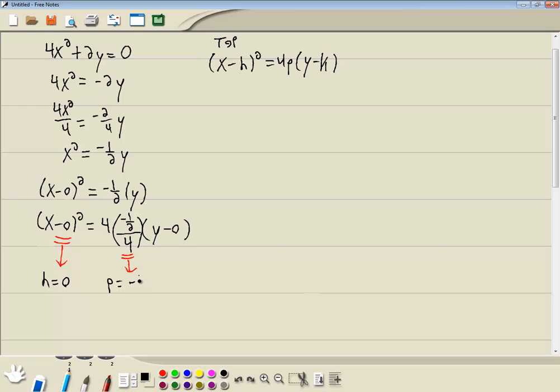So this will be negative 1 over 4 times 2, which gives us p is equal to negative 1/8. And then our k will be whatever number's here, and it's always opposite sign, though 0 doesn't have a sign. So k is 0.